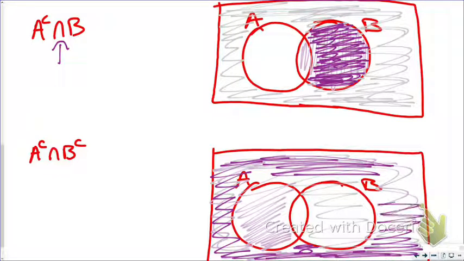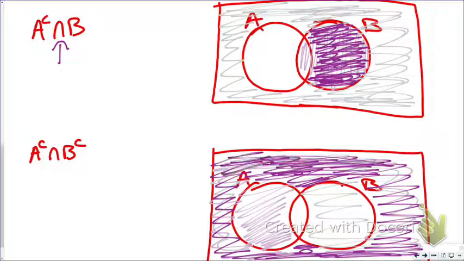I'm not going to do a great job on this shading. So you can shade every inch if you want, but the dark purple is the answer.